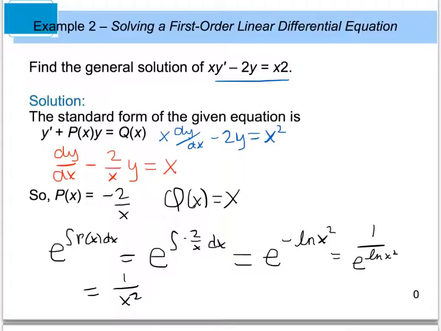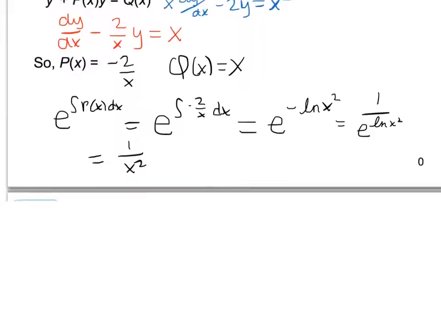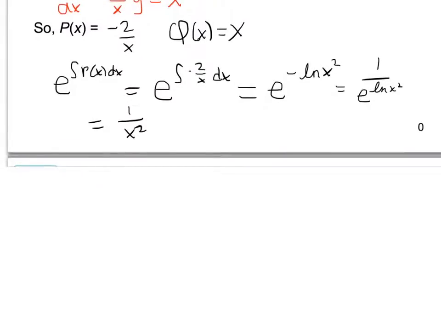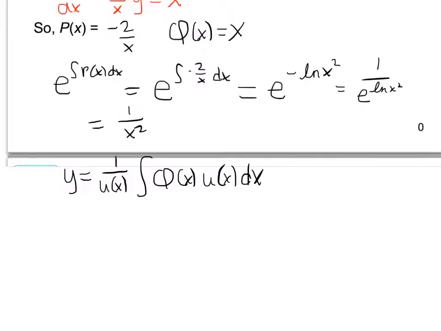Now, the general solution that was given a while back said that y was equal to 1 divided by u(x), which was our integration factor, times the integral of q(x) times u(x) dx.